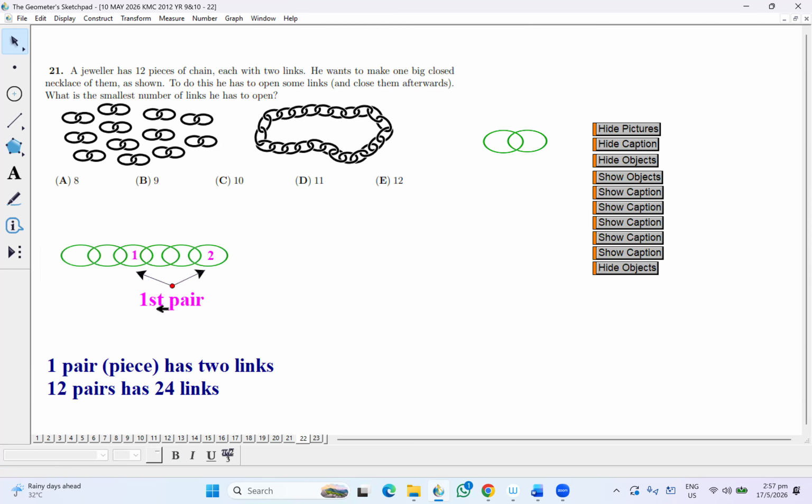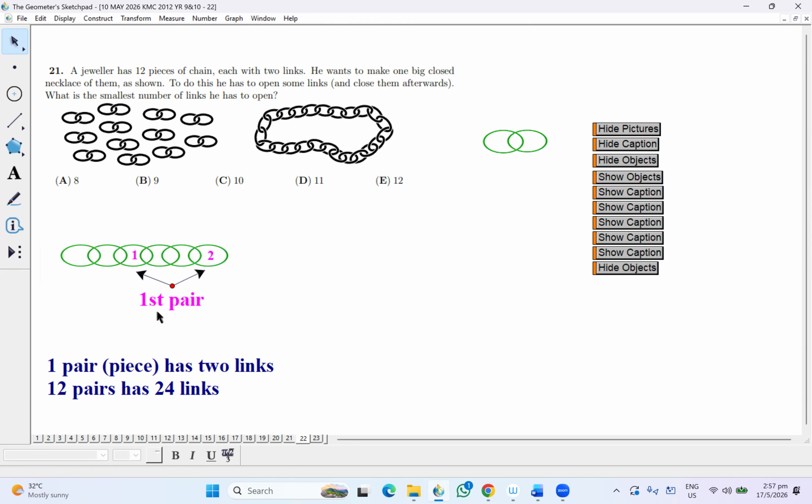Then we look at, after two links, we can open and join two more links. Yes, so they can have a second link open.